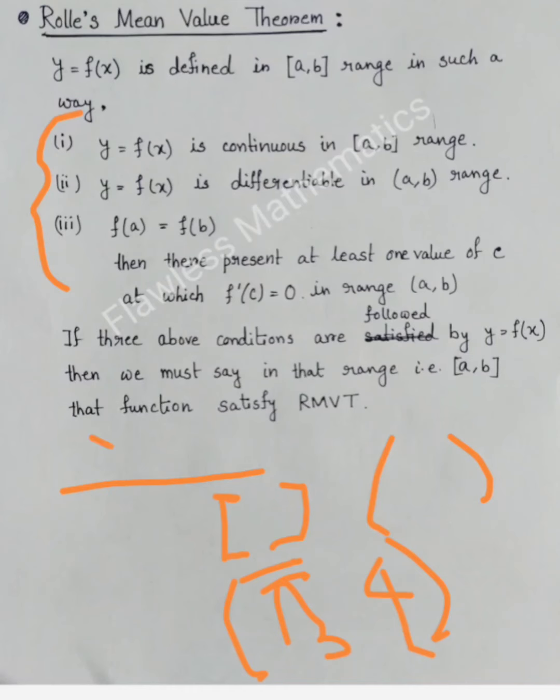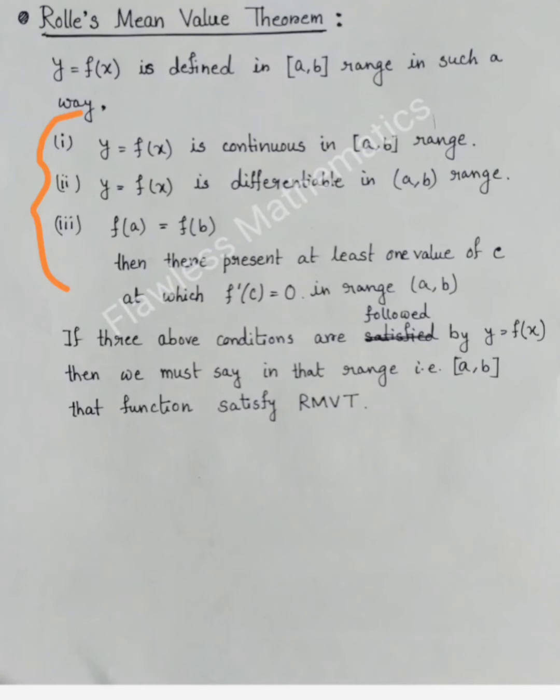With the open bracket, we consider only the points nearest to 3 and 4. I hope the difference between the closed bracket and the open bracket is clear.